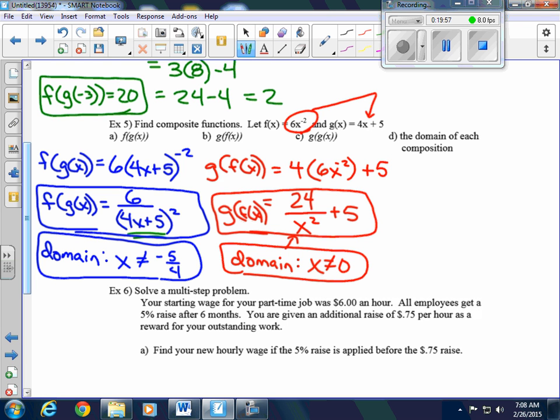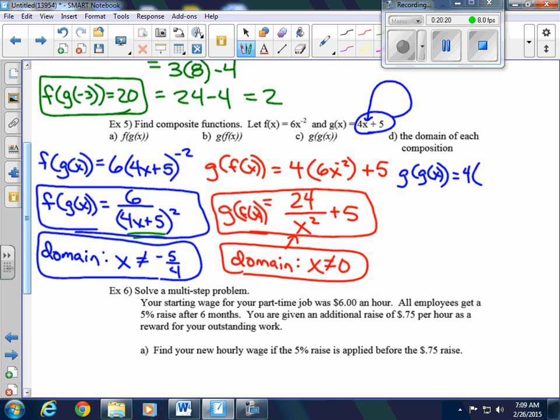All right, and then the last one we're going to look at is g of g of x. So essentially what we're doing here is we're going to take the g function, which is right here, and we're going to put it back into itself. So we're going to take this and put it back in for the x. So we're going to start with 4.